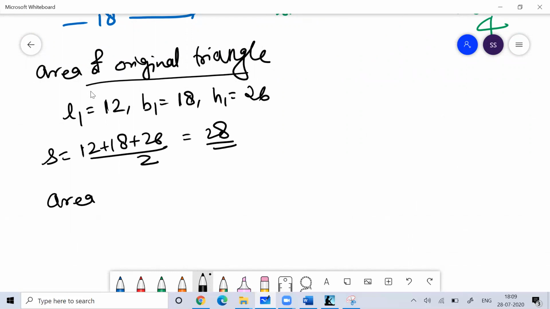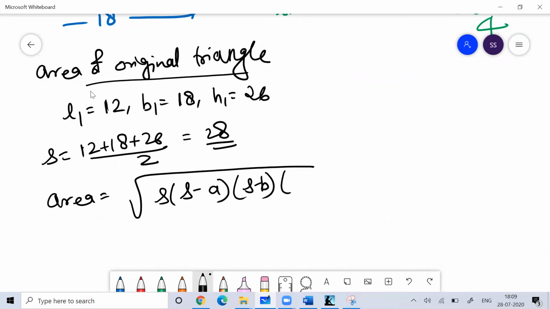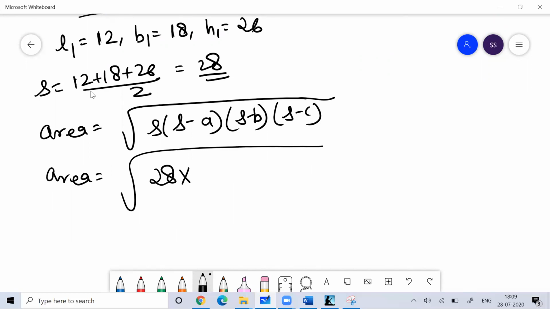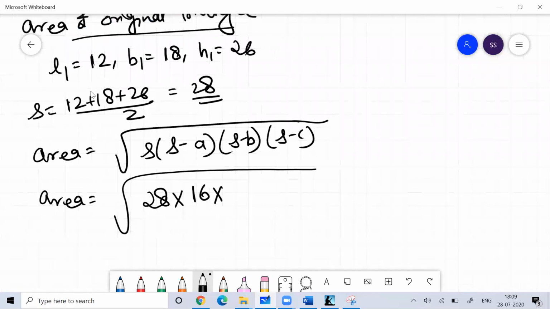The area would be equal to the square root of S into (S minus A) into (S minus B) into (S minus C). So S is 28, into 28 minus 12, that is 16, 28 minus 18, that is 10, and 28 minus 26 means 2.